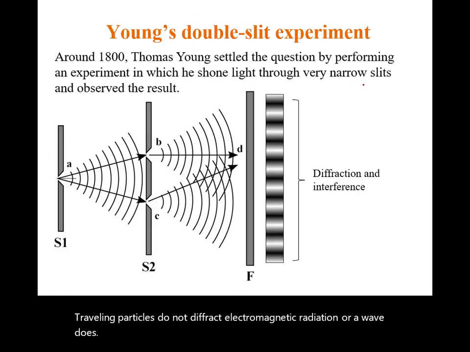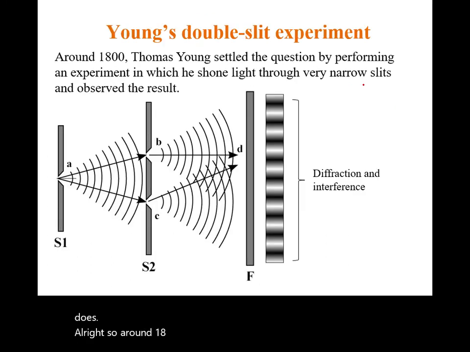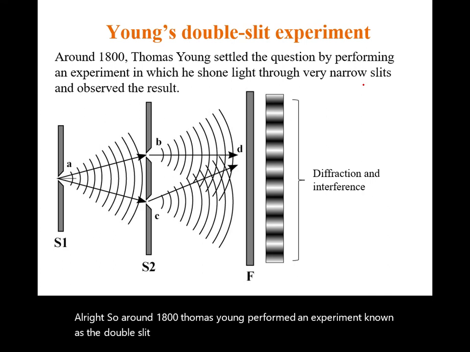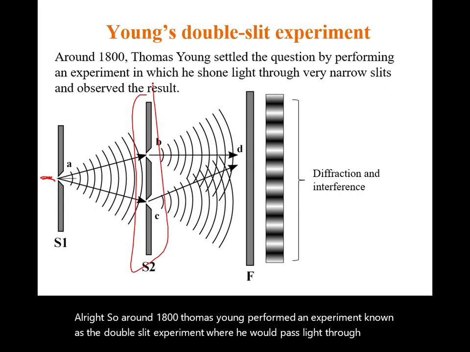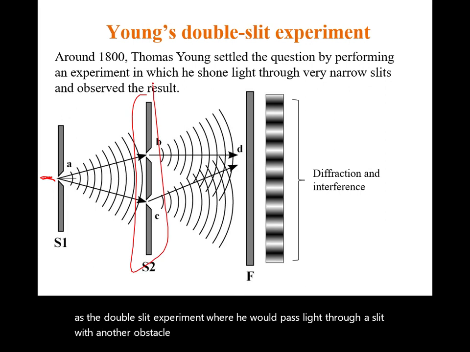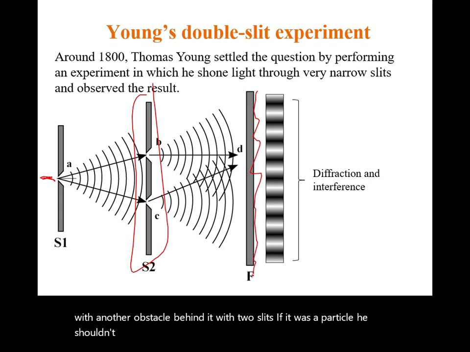All right, so around 1800, Thomas Young performed an experiment known as the double slit experiment, where he would pass light through a slit with another obstacle behind it with two slits. If it was a particle, he shouldn't be able to detect anything on the following detector.